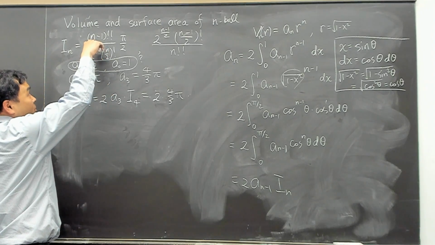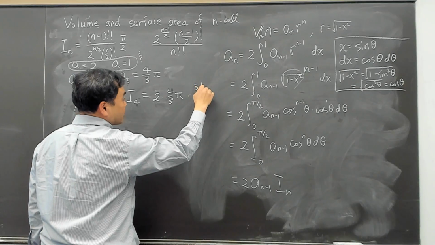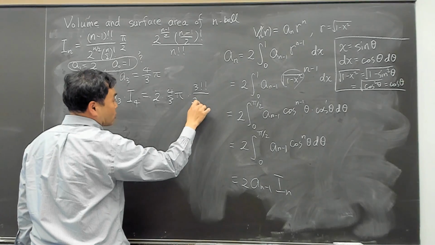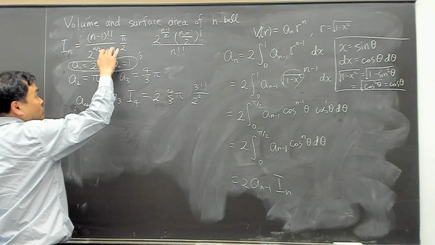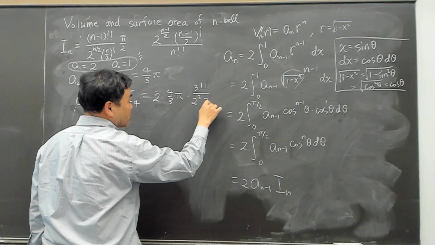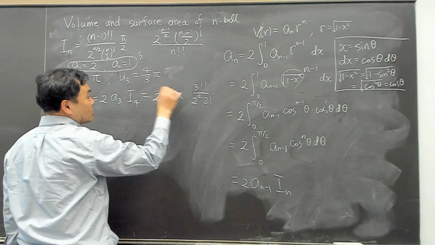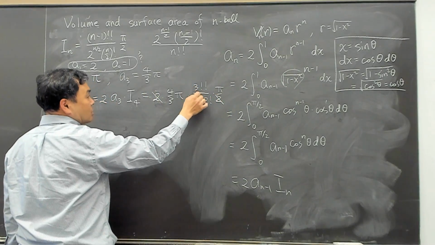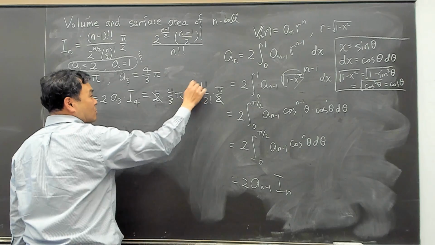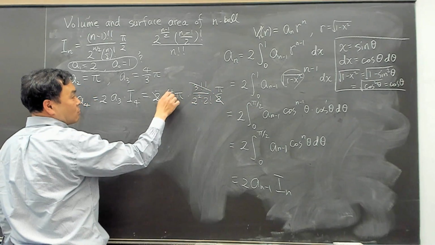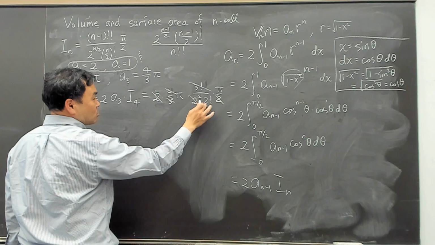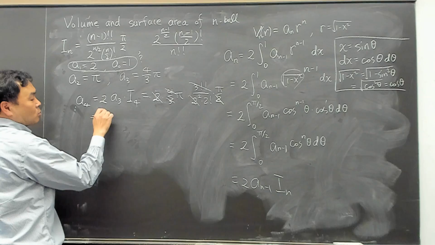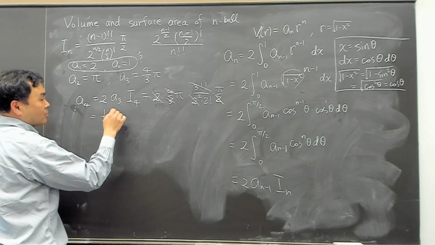We plug in 4 here, so we get 3 double factorial on top. 4 divided by 2 is 2, so 2 squared. And then 4 divided by 2 is 2, so it's 2 factorial times pi over 2. And 2 cancels. This is just simply 3 times 1, so it's just 3, so these cancel. 4 and 2 squared, that's going to cancel. You still have a 2 left out, and you get pi times pi, so you get 1/2 pi squared.